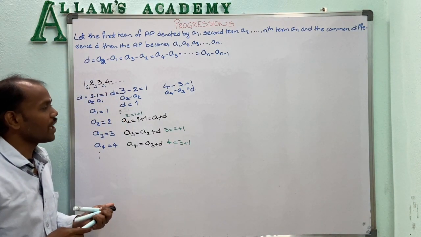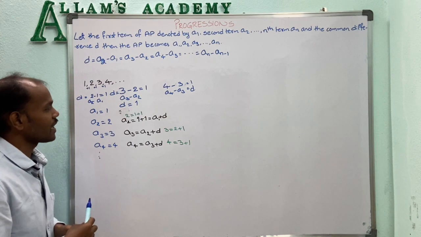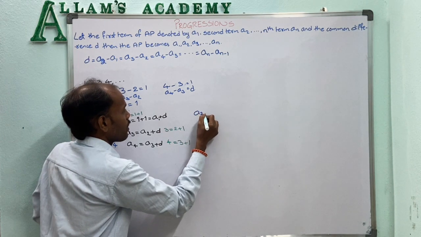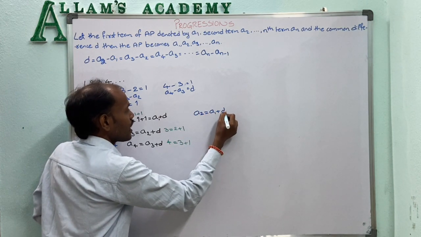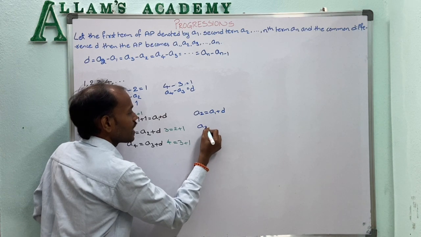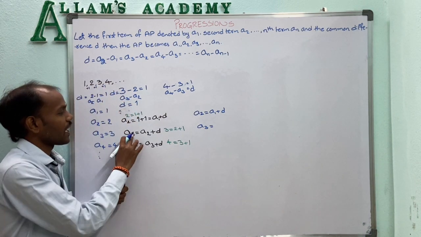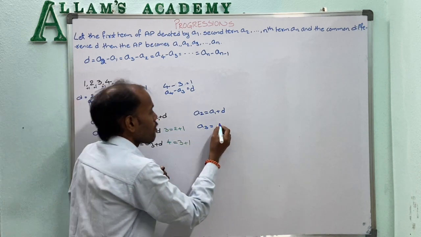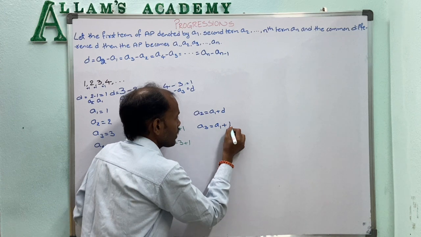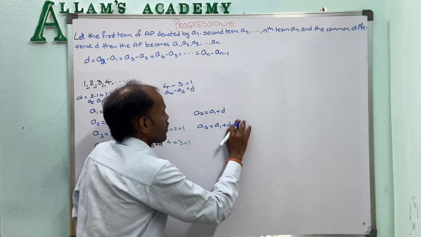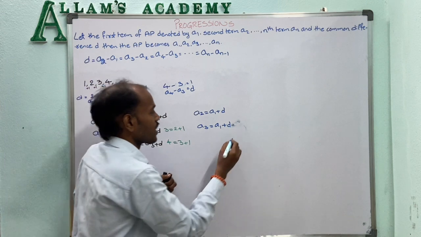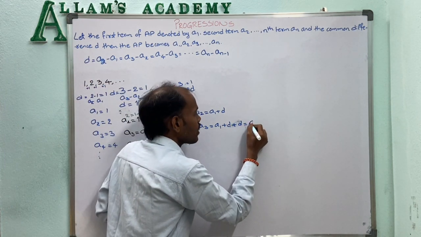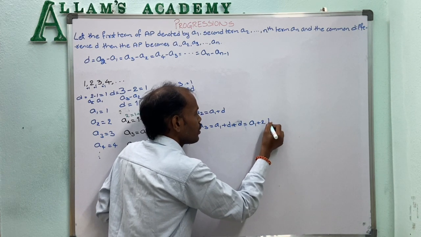Now let us write this in another form. The second term A2 is equal to A1 plus D. The third term A3 is A2 plus D, and A2 is nothing but A1 plus D, so D plus D equal to 2D, so A3 is equal to A1 plus 2D.